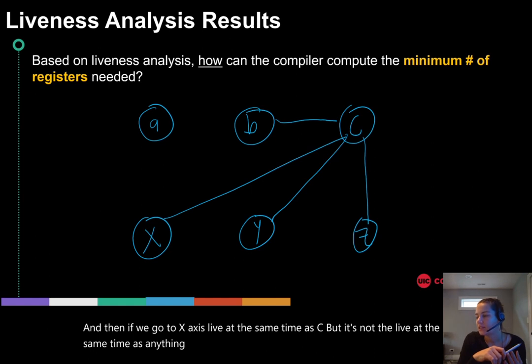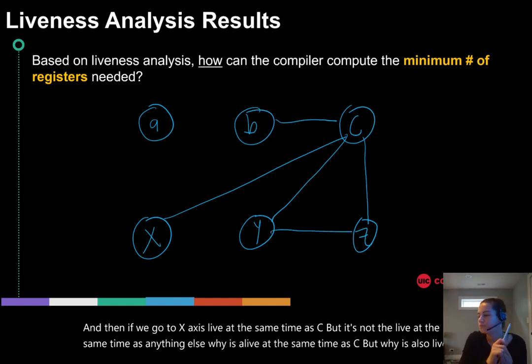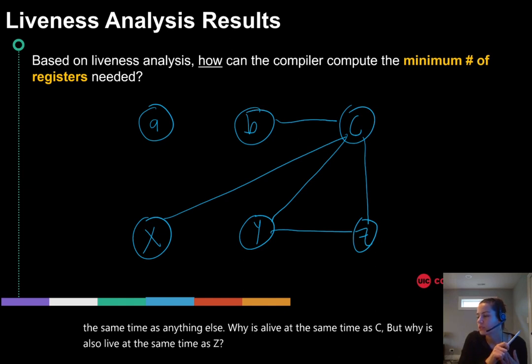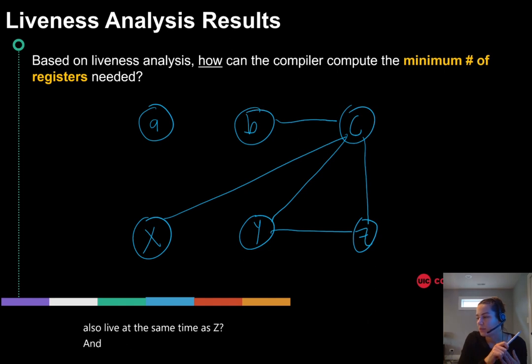Y is live at the same time as C, but Y is also live at the same time as Z. And Z is live at the same time as Y and C.